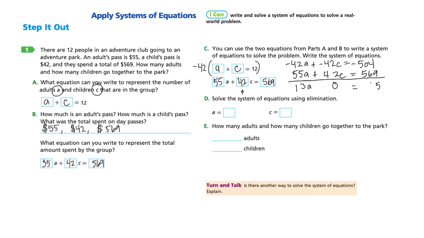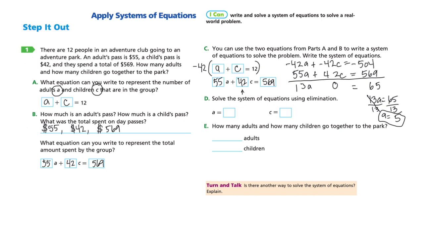So I have 65, positive 65. So I have 13a equals 65. And then if I divide both sides by 13, so this cancels, so I'm left with a equals 5.